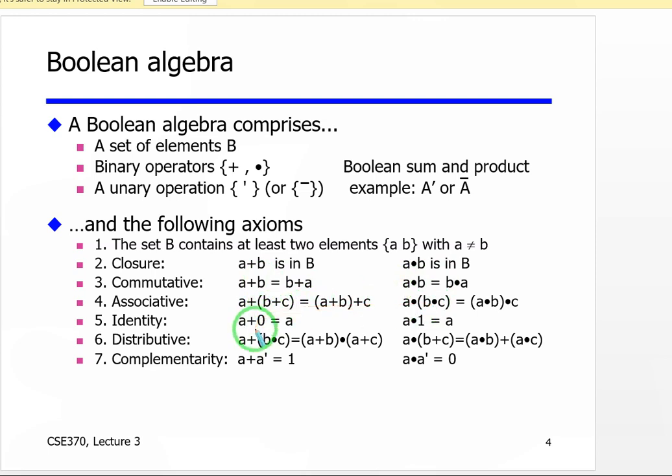Then we have identity: a plus 0 is a. So the identity for addition is 0. Then we have the distributive law with respect to multiplication and with respect to addition, and then complementary.